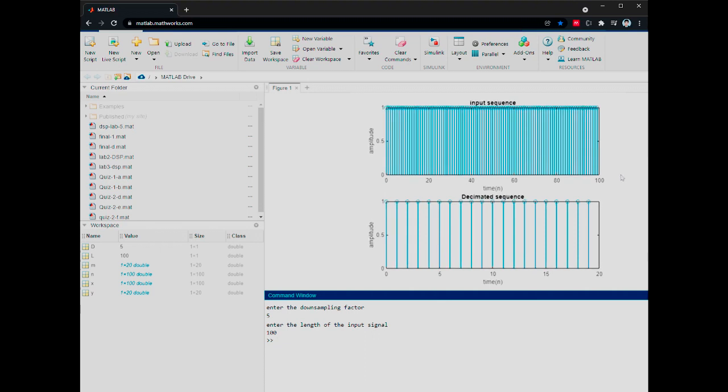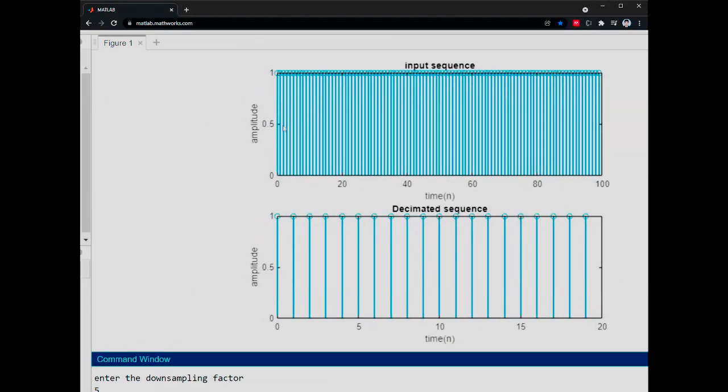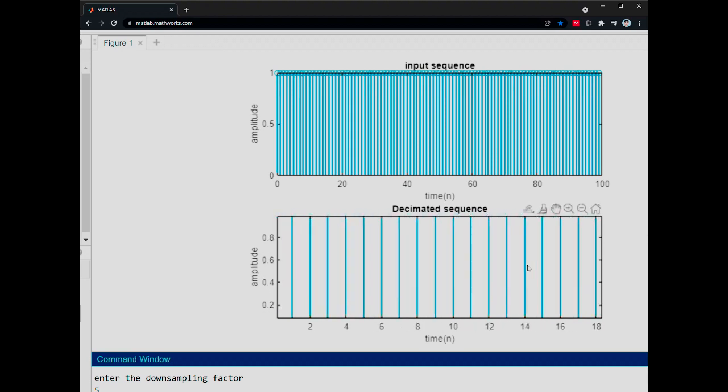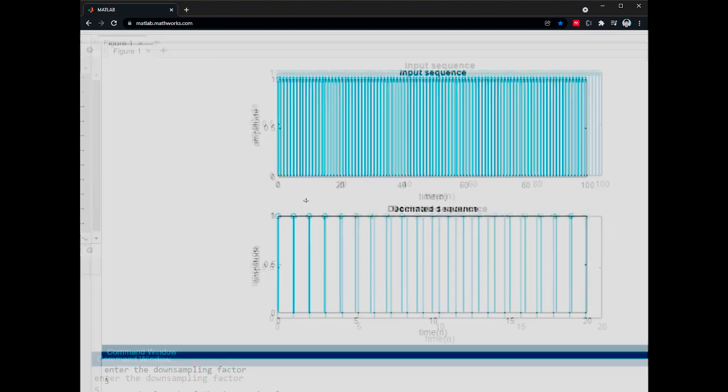As you can see in the graph, this is the input signal of the cosine. Here we can see the original input sequence, or the sampling rate. And here is the decimated sequence. We can see the difference: it only keeps every 5th sample of the input sequence of the signal.